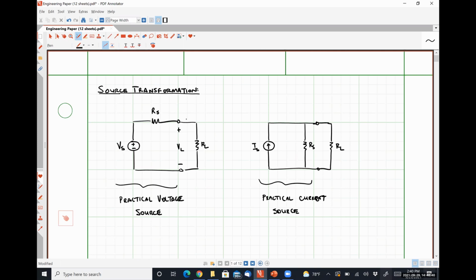And a large part of that is going to be causing the voltage drop over our load, VL, and the current flowing through our load, IL, be identical, which is how we determined our electrical equivalence previously, right?